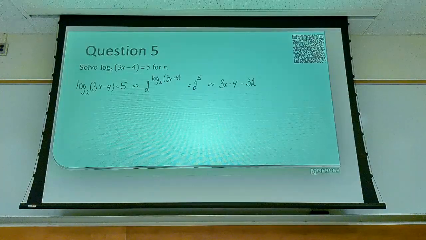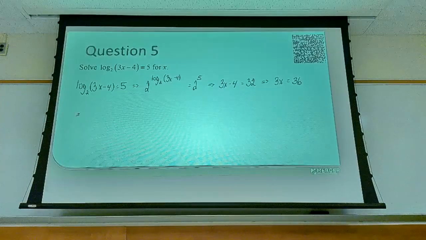And now we're back at just a simple linear equation. Add 4, divide by 3. Single solution, 12.